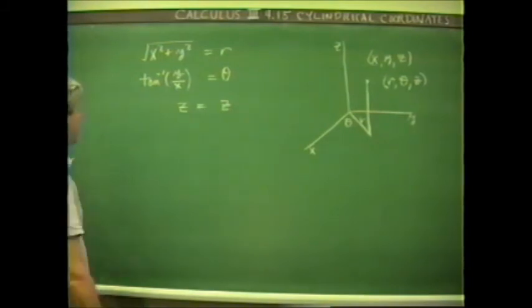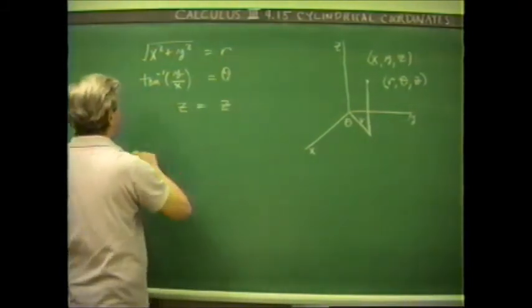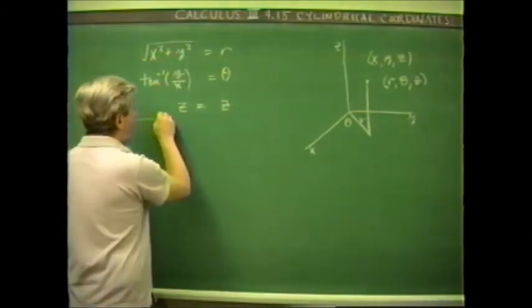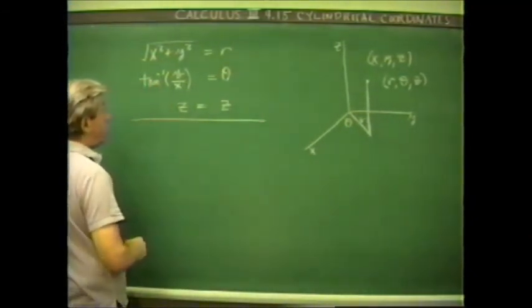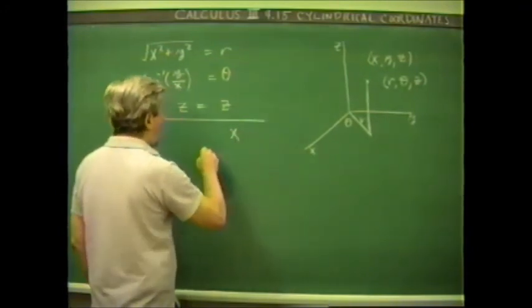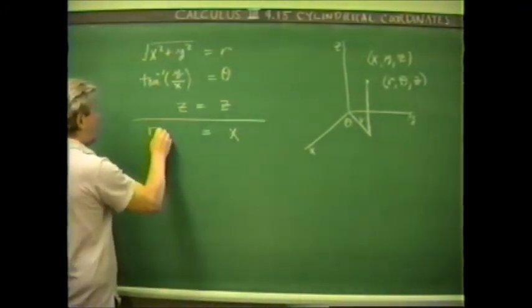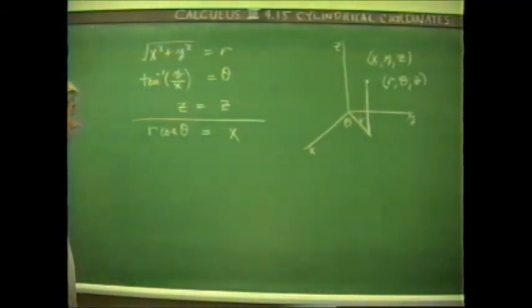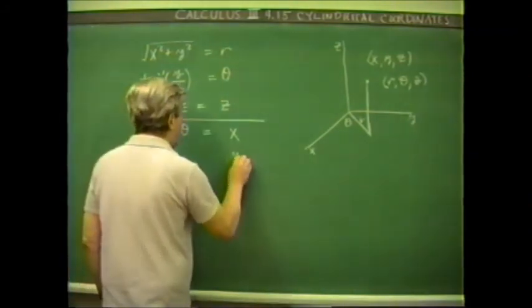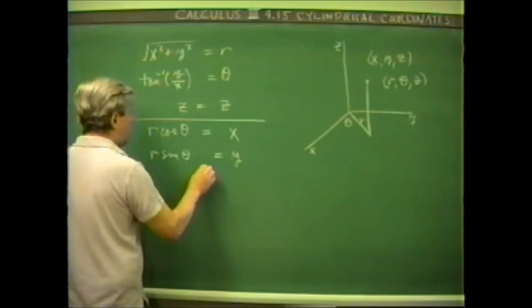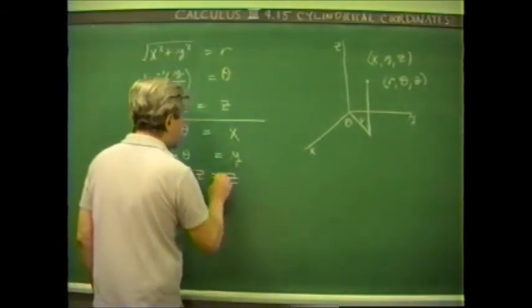So this allows you to get r, theta, and z given x, y, and z. On the other hand, if we've got r, theta, and z, x is r cosine theta, just as in polar coordinates. y is r sine theta. And z, of course, is z.